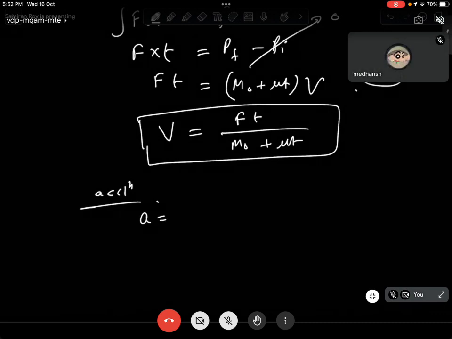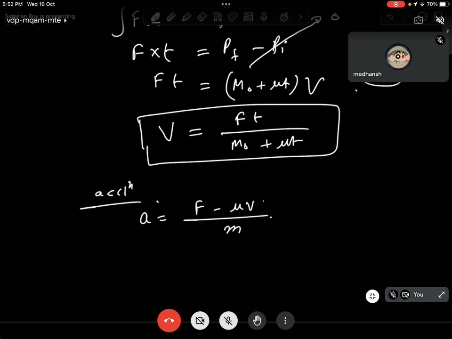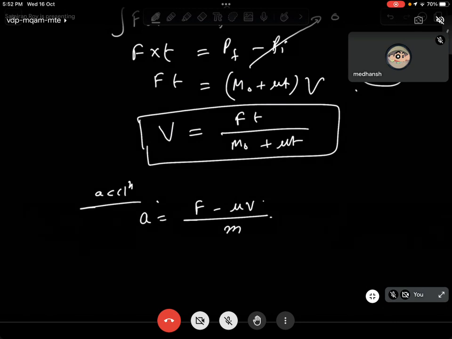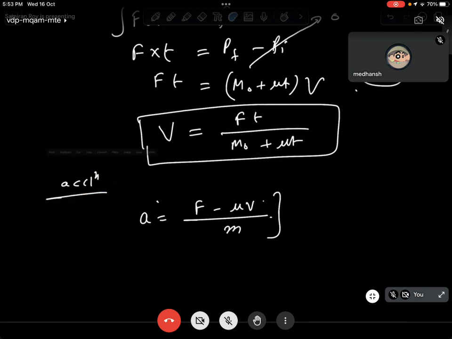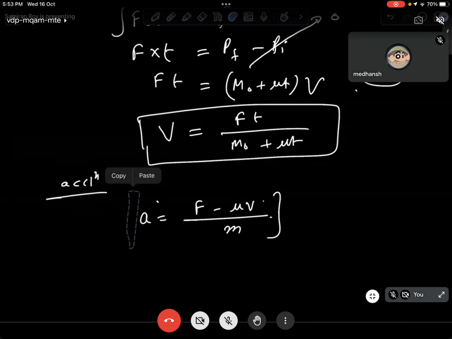Yeah, you have to use that rule only, but I'll tell you another method. Acceleration will be F minus mu v divided by m. How? Tell how? How I'm writing this?